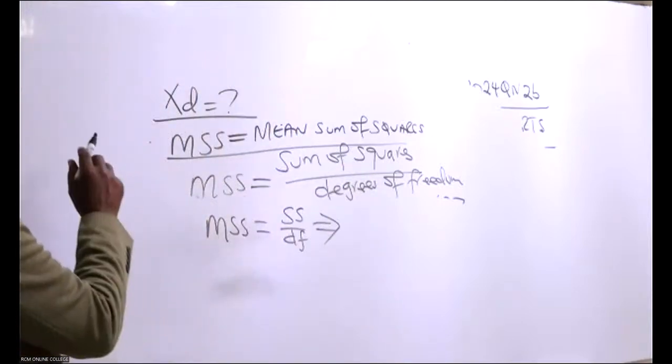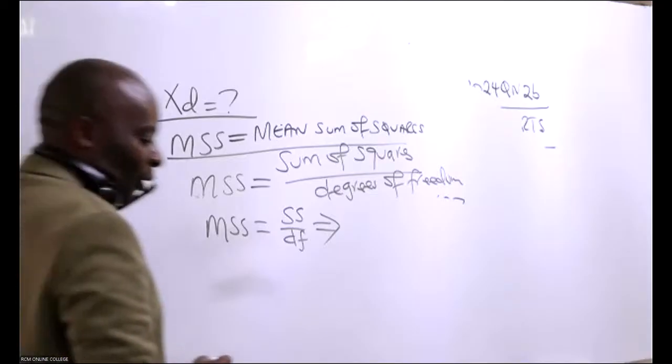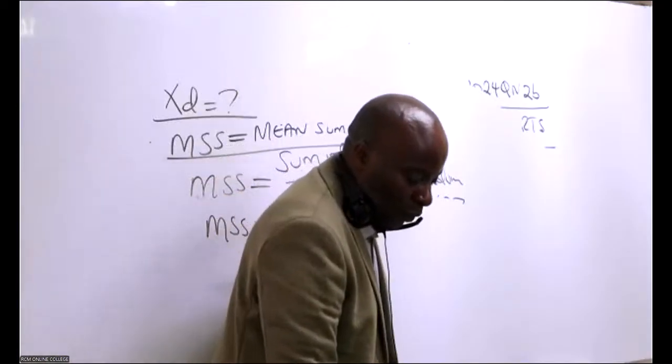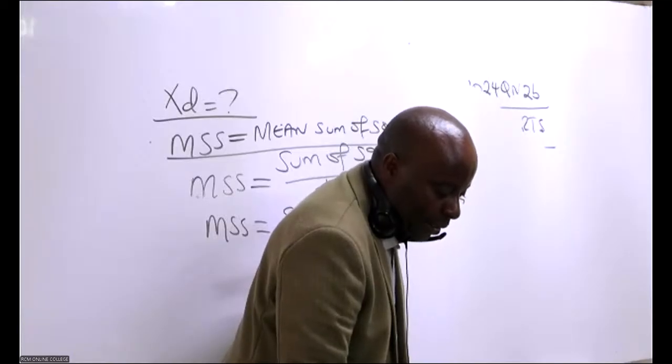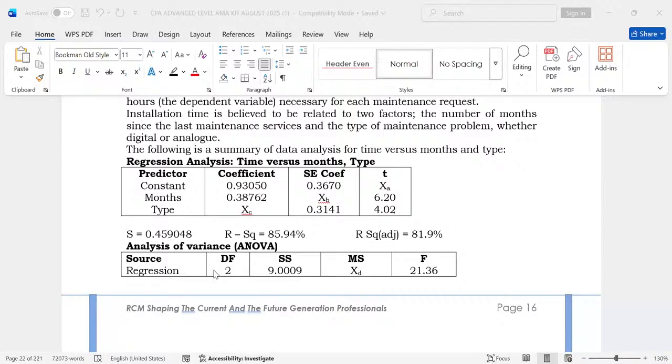So now where you are able to see XD, on that very row, I can see XD here is the MS, right? So I want to substitute.